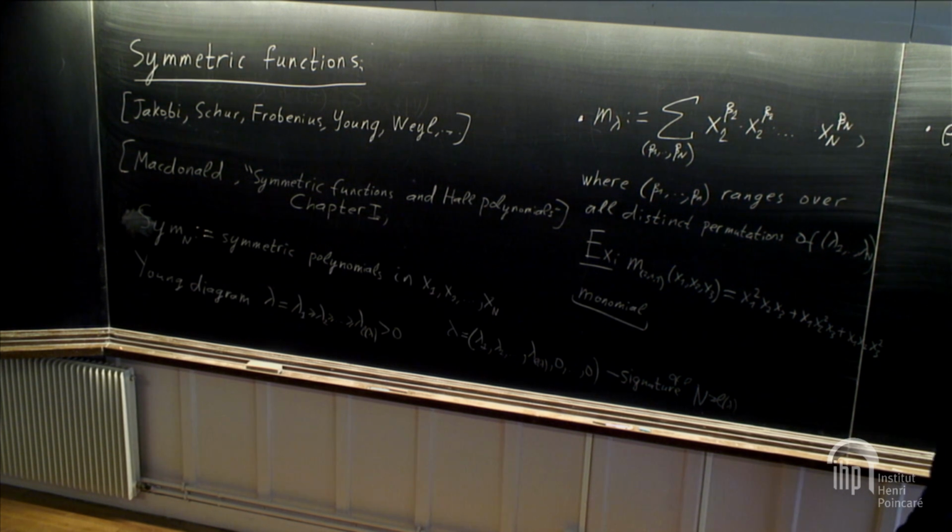It is defined as a sum over indices i1, ..., ik, which are not allowed to coincide, of the variables x sub i1, x sub i2, ..., x sub ik.